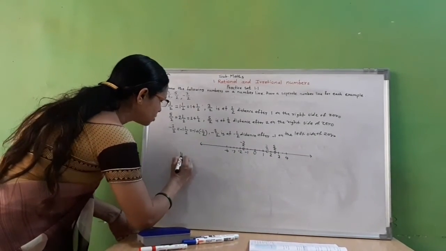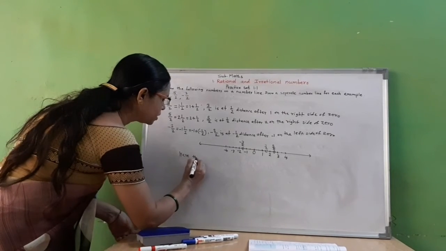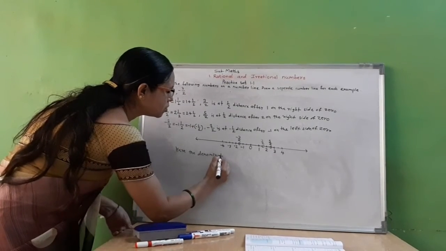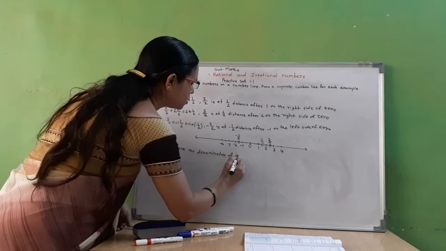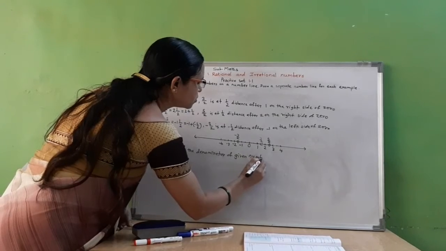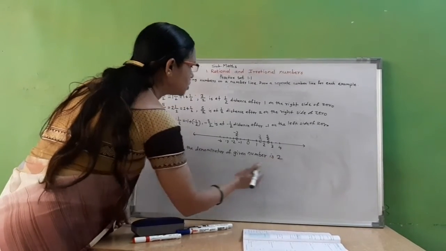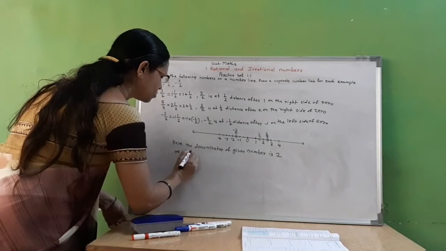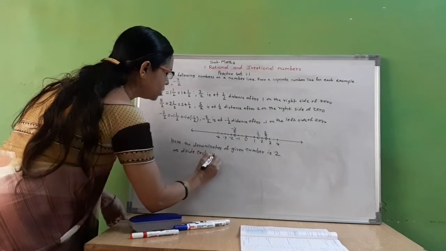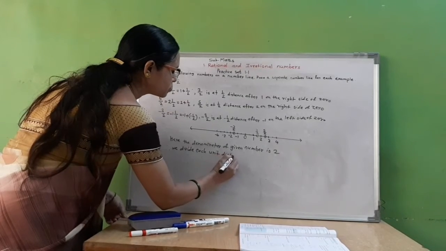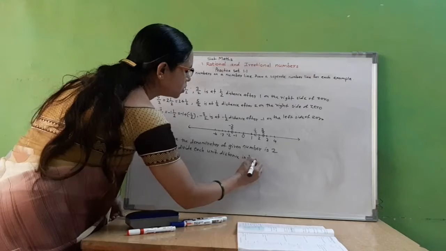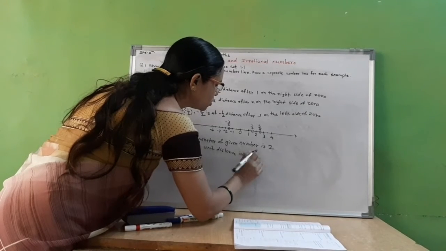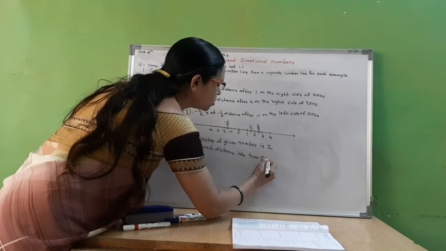Here the denominator of given number is 2, therefore we divide each unit distance into two equal parts.